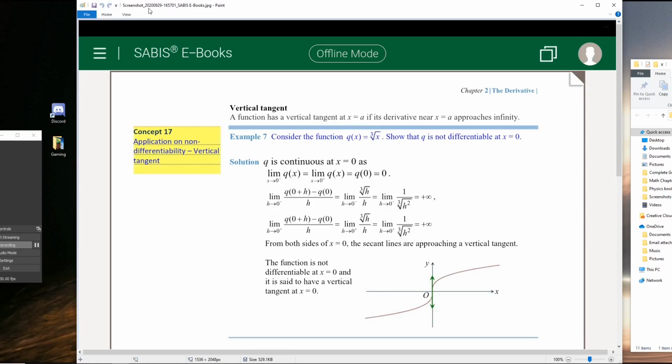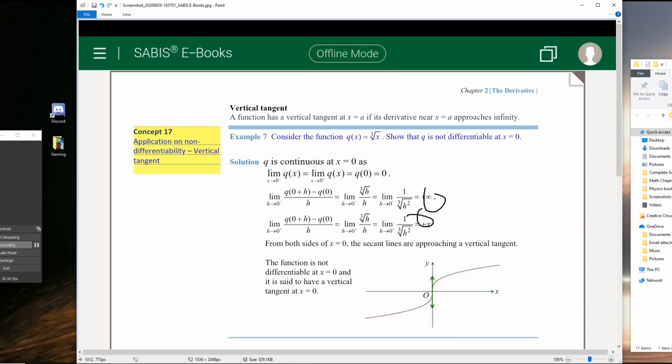So here we're asked to prove that this is not differentiable. Well, this is easy. Differentiate one side and differentiate the other. So left-hand derivative and right-hand derivative, and you will notice that both are plus infinity. Undefined limits. Even though they're plus infinity, they're pretty much undefined, because you can't say that a line has a slope of plus infinity.